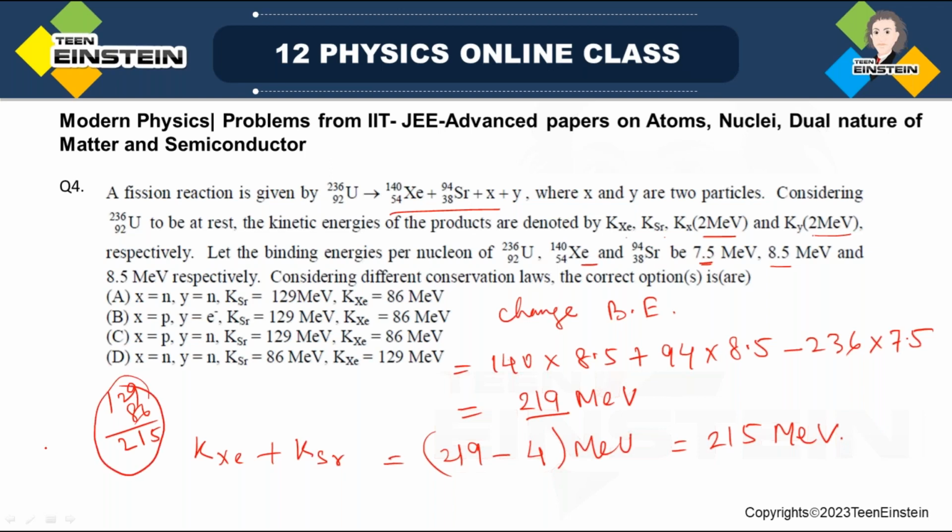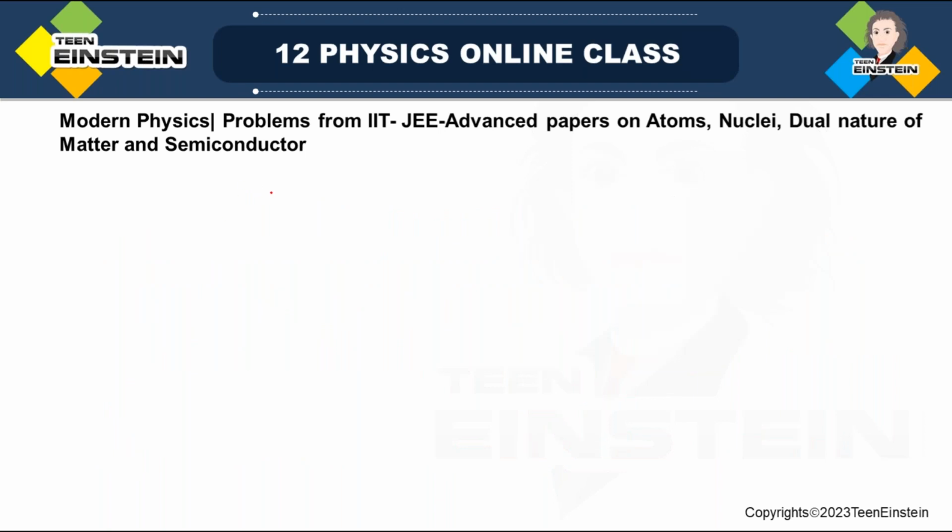Now you have to see xenon and strontium. Among these two particles, the strontium is the lighter one. The total energy has to be 215 MeV for xenon plus strontium.